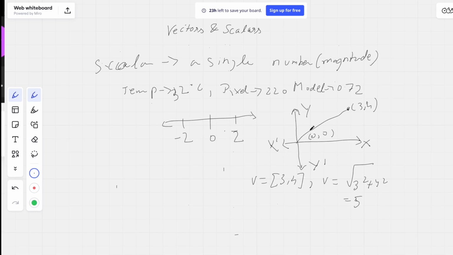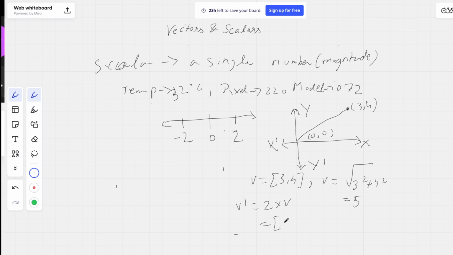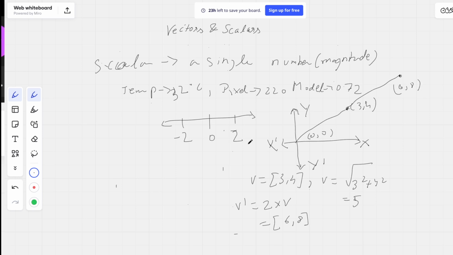Now we know that v is equal to 3 comma 4. Let's define v prime. Let's understand the concept. v prime is equal to 2 cross v, which is equal to 6 comma 8. That means we are scaling it to 6 comma 8 in the same direction.